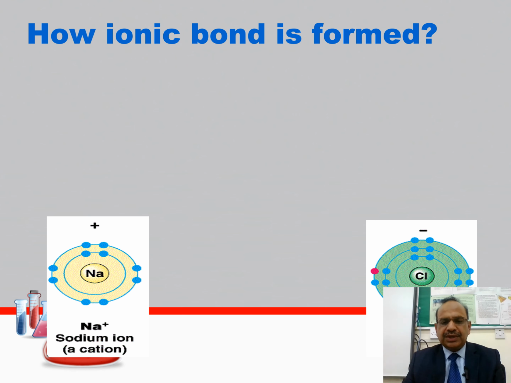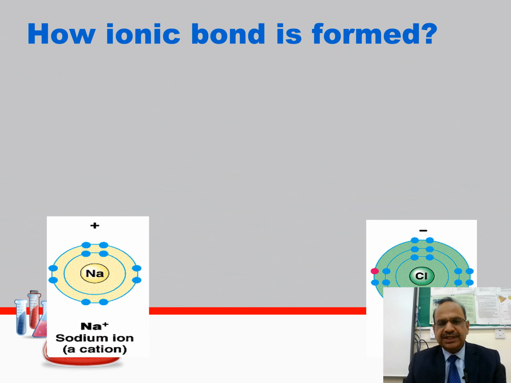Now here I want to explain how an ionic bond is formed. Once anion and cation are formed, the cation has a positive charge and the anion has a negative charge, and these two oppositely charged ions, if they come close to one another, must have a force of attraction.